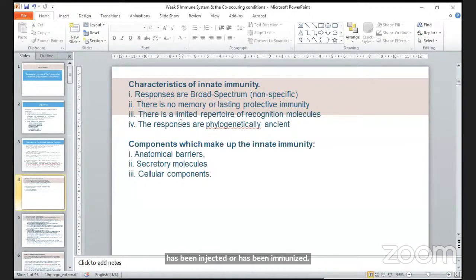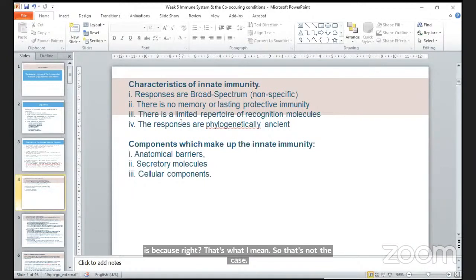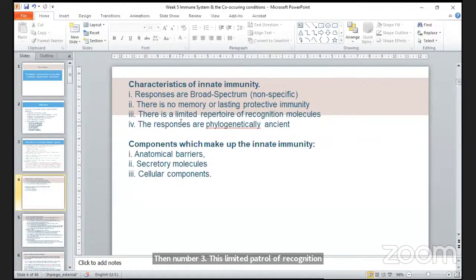So that's not the case here. Then number three, there's a limited repertoire of recognition molecules. Then the responses are phylogenetically ancient; they are derived from the genetic relationship between the parents and grandparents.